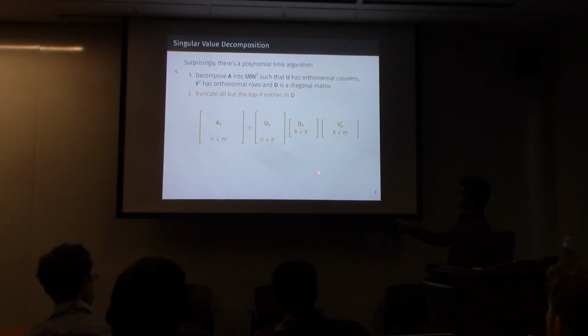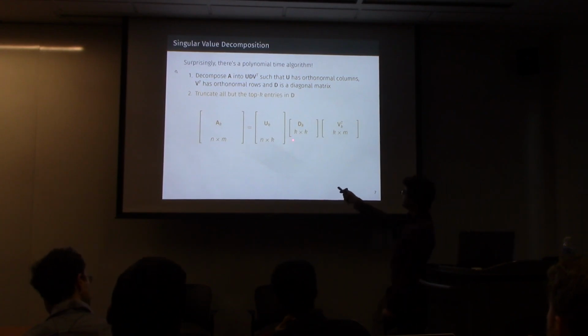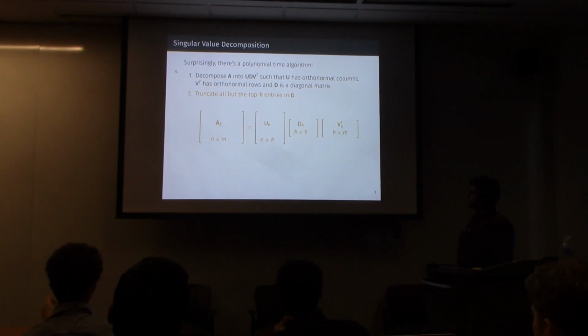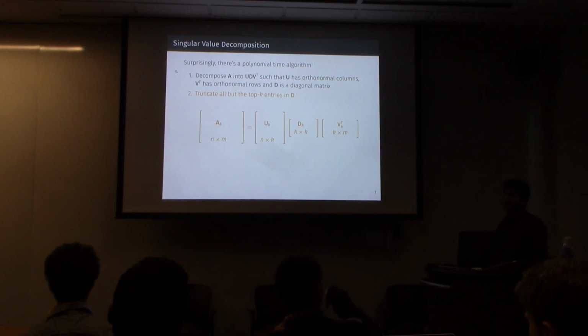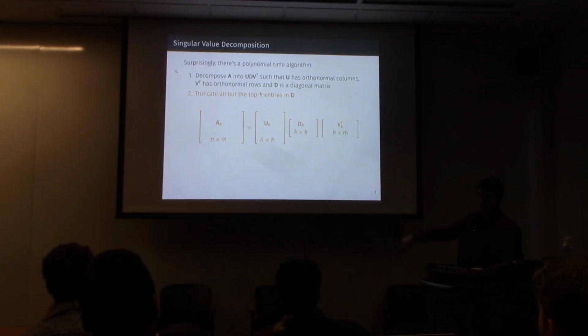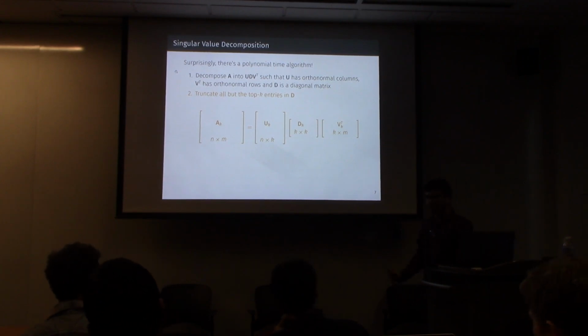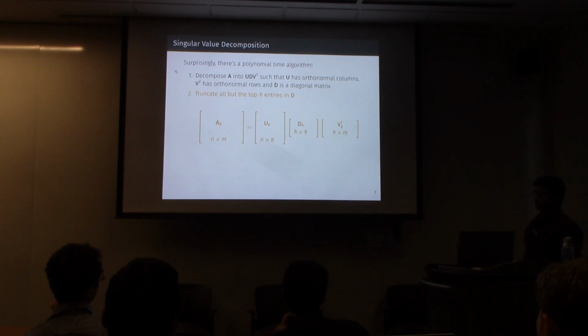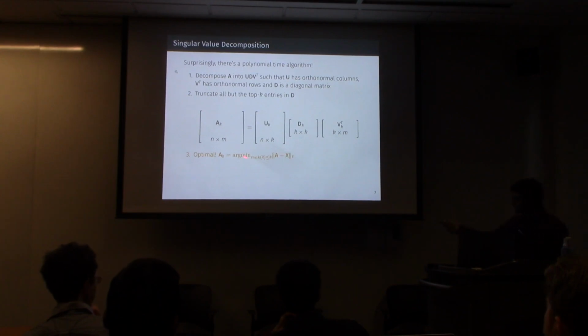This corresponds to zeroing out all but the leftmost K columns of U, and all but the top K rows of V transpose. You're assuming the eigenvalues are sorted? Yeah. Like I said, they're in descending order. And these are singular values, which is a generalization of eigenvalues to rectangular matrices. All right, and it turns out that this rank K matrix that you get is optimal for this objective.